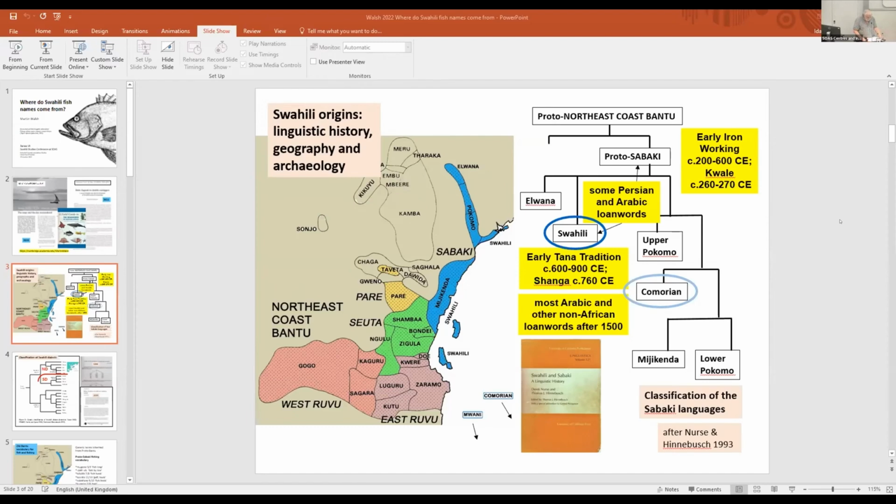So how did they acquire the knowledge they needed to exploit the marine resources that they encountered on the coast? So we're going way back in time, 1,500, 2,000 years ago. So where did they get that knowledge? And what do their names for marine species tell us about that process of adaptation?